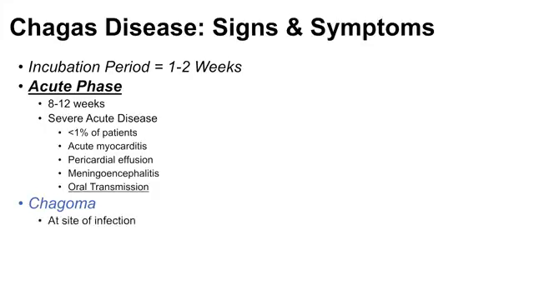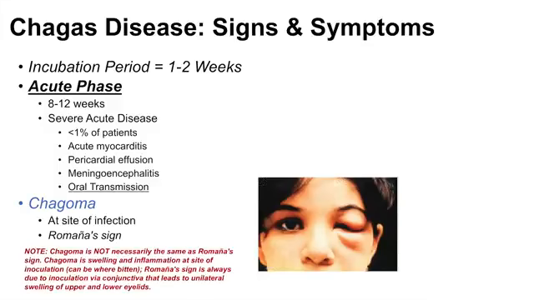And the chagoma is something that occurs at the site of infection. And there's also something related to chagoma known as Romaña's sign. So a chagoma is the first initial swelling of the site of infection. As I mentioned before, usually individuals can be infected in the conjunctiva of their eyes.